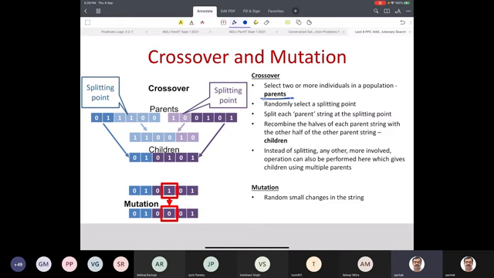Here, from this parent and this parent, this one splitting point is here, this one splitting point is here. Now, many times they split in the middle, but that is not necessary. You split each parent at a splitting point.